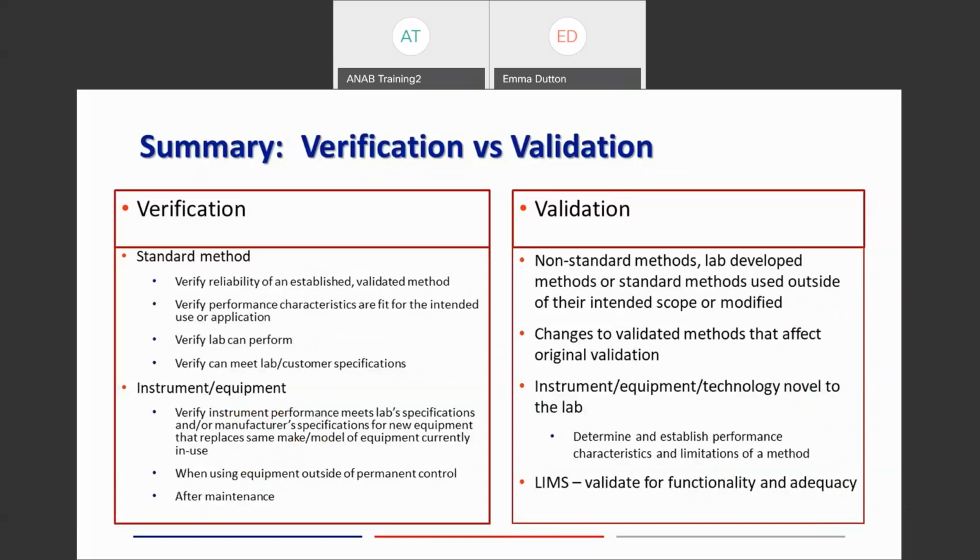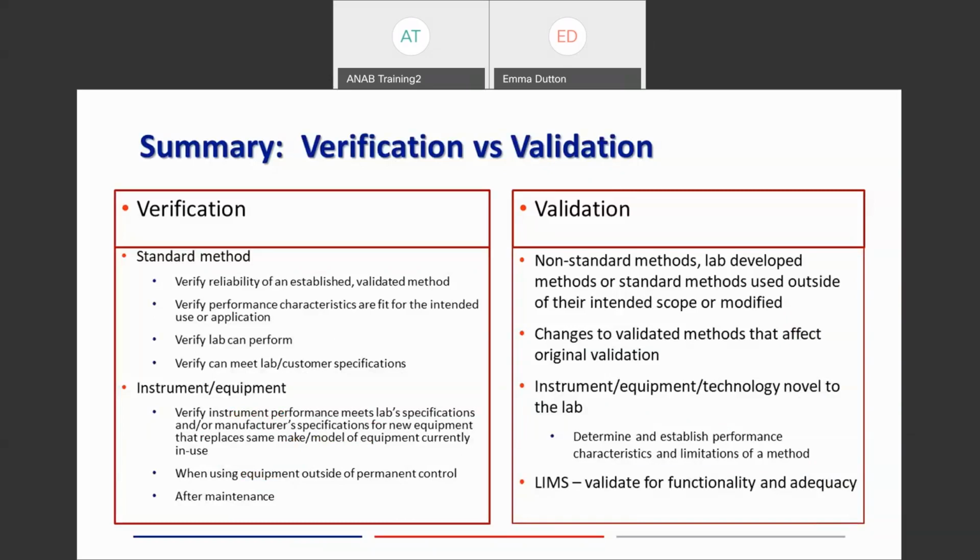So in summary, the difference between verification versus validation. Verification, the performance characteristics have already been established. Those come into play when we're talking about standard methods. And there's that note back in 17020 that talks about what a standard method is.